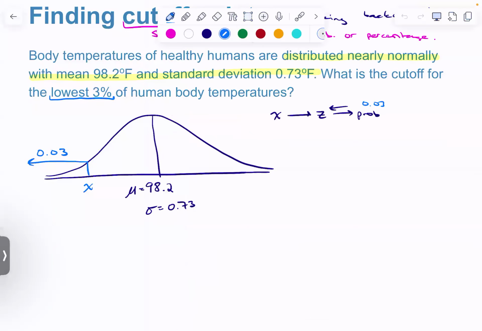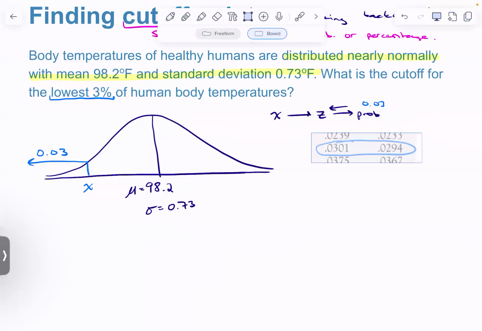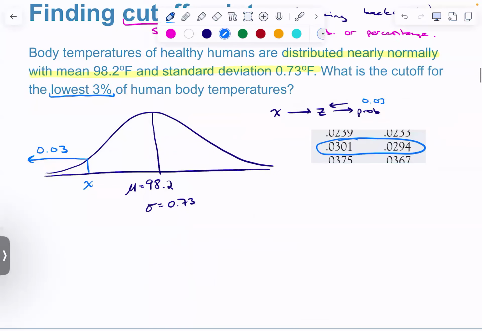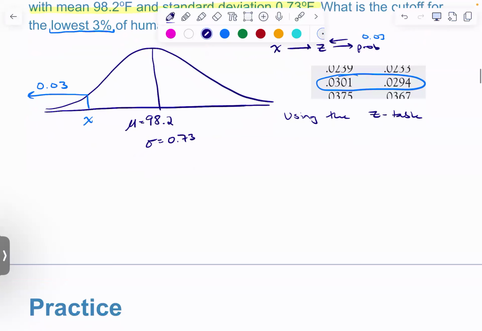So now, using the Z table, we find the table entry, using the terminology that's outlined on the table.